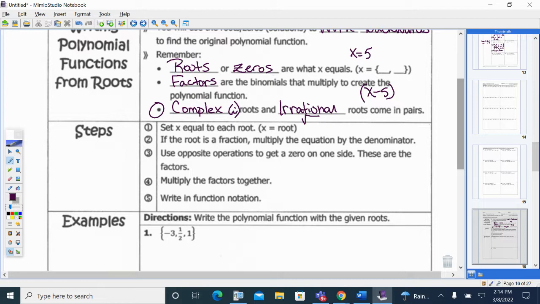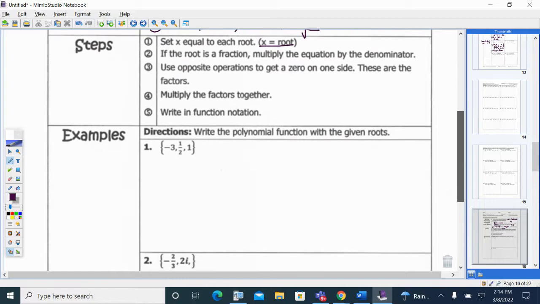If the root is a fraction, you're going to multiply the equation by the denominator. Use opposite operations to get a zero on one side. So basically, again, you're changing it from the solution format to a factor format. Then you're going to multiply all of your factors together, and you're going to write in function notation.